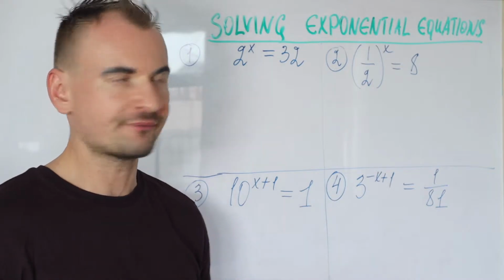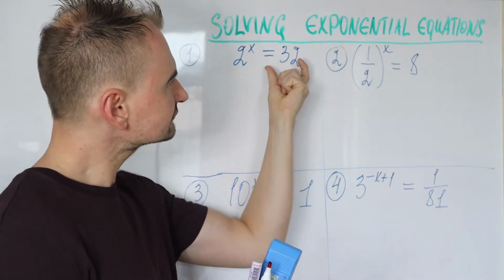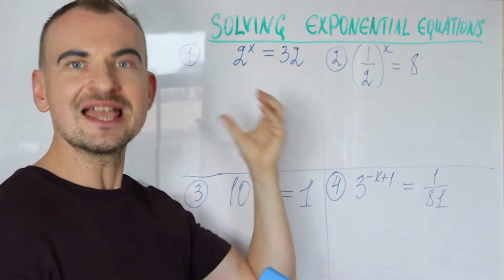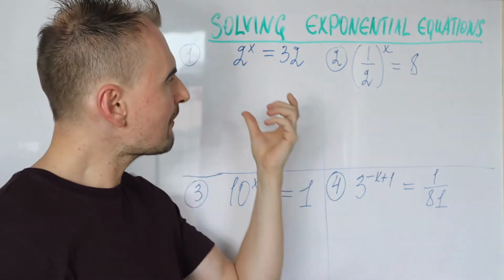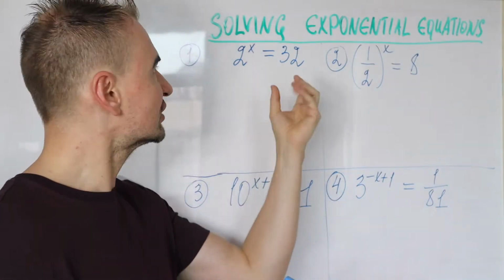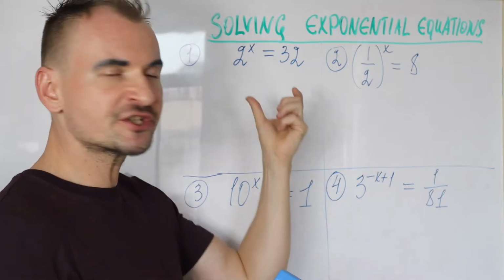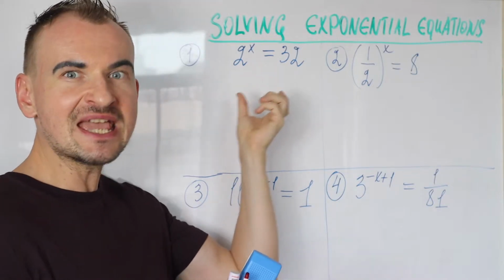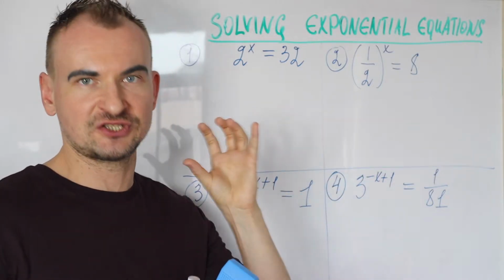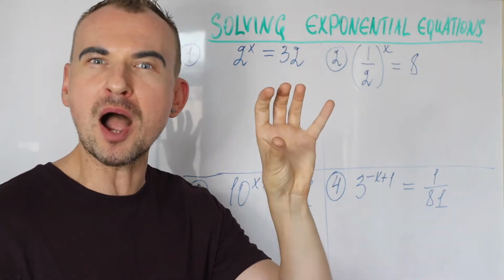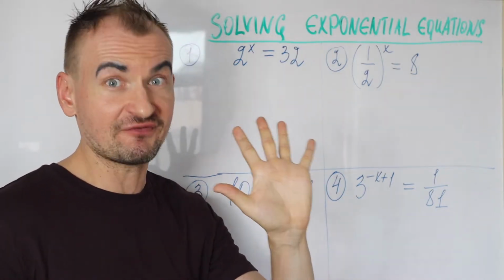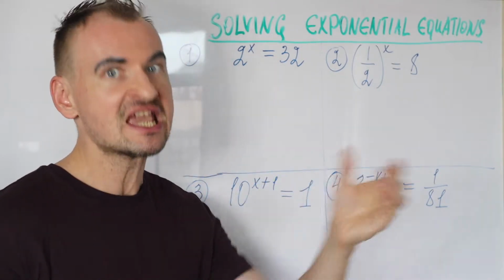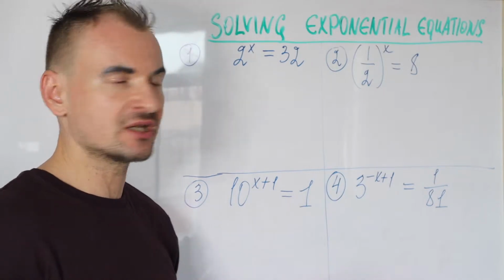For the first one, check to see if anything in this 32 is a power of 2. By inspection, you can notice that 32 is expressible as a perfect power of the base 2, since 32 is 2 raised to what power? Ask yourself. Yeah, it's the 5th power, since 2 times 2 times 2 times 2 times 2 gives you this 32.